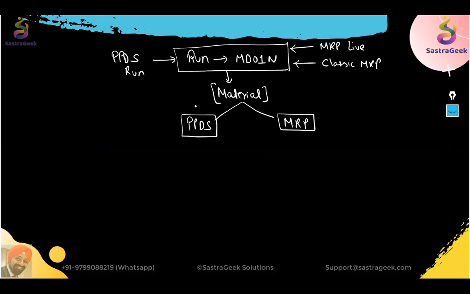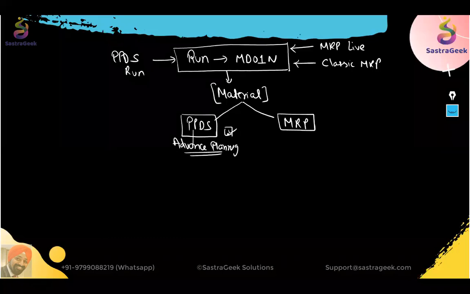How will the system identify that PPDS needs to run? The system would be checking advanced planning. If the advanced planning indicator has been ticked, the system will say that PPDS needs to be run. If that indicator is not ticked, the system will say we need to run MRP. Then, within the MRP, the system will try to identify: do we have force classic?